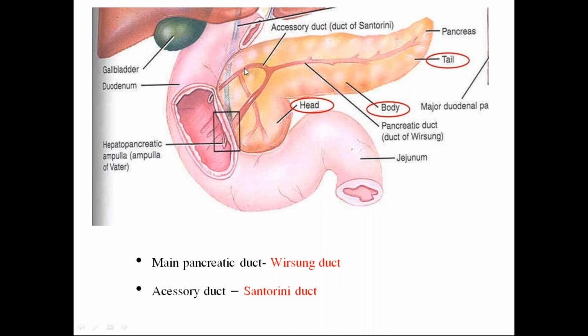The ventral bud migrates posteriorly and forms the inferior part of the head and the uncinate process. The proximal part of the head, neck, body, and tail are formed from the dorsal bud. The ductal drainage of both is also similar. Most of the pancreas is drained by the duct of Wirsung.